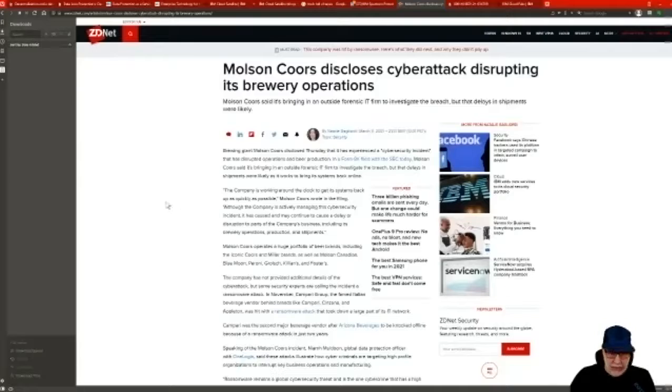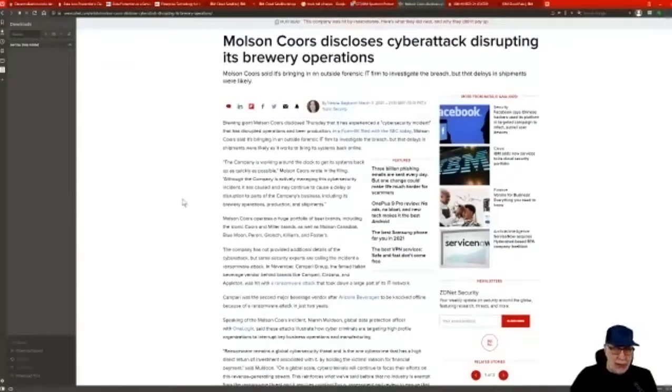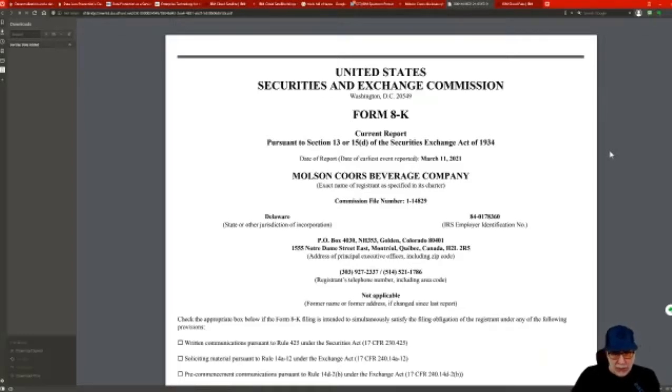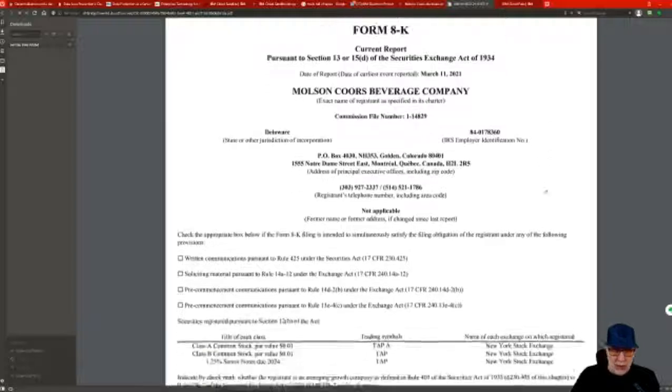Molson Coors a few weeks back was hit with a ransomware attack. Now they didn't publicly go into a lot of detail about what it entailed, but what was interesting as I was looking into this was that because they're a publicly traded company, they were required to submit a Form 8-K to the SEC, disclosing the event and when it occurred and how it occurred.